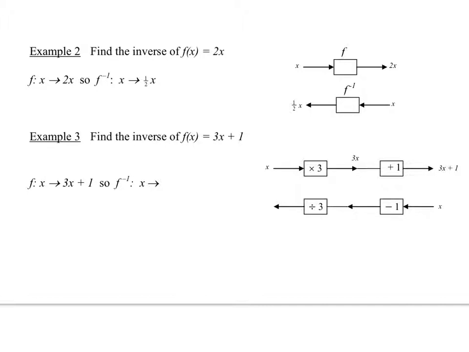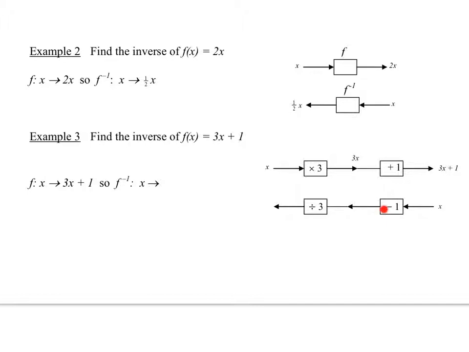In this next example, the original function is f of x equals 3x plus 1. In other words, you're multiplying the x by 3 and then you're adding 1 to it to get 3x plus 1. So the reverse is going to be, well, you take your x, you subtract 1 from it, and then you divide by 3. You're going in the opposite direction from the original function.